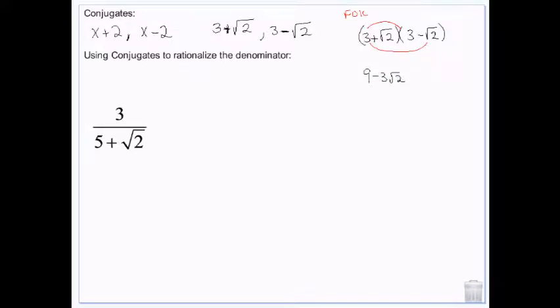And then I do my inside, and I get plus 3 times the square root of 2. And then I do my last, and I get minus 2. Excuse me. And look at this. Minus, plus. Those go away.